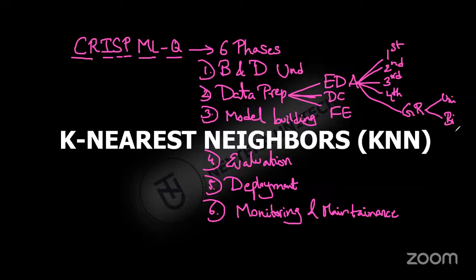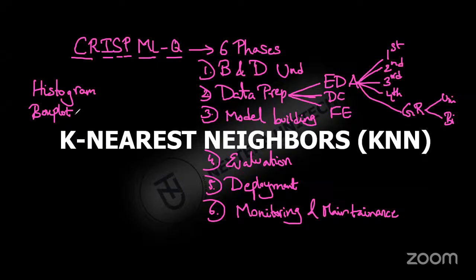Scatter plot helps us to understand the relation between 2 variables, 2 features, 2 columns. Then histogram helps us to understand the data distribution. Box plot helps us to understand the presence of outliers. Whether outliers are present or not, we can understand from box plot, guys.